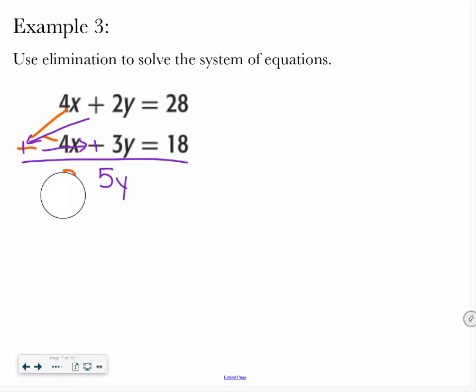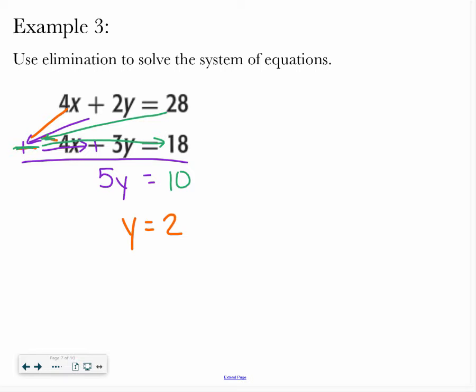I no longer need this 0. Equals, remember, we have 28 minus 18. That is 10. Okay? Now we have 5y equals 10. So y equals 2, because you divide both sides by 5.